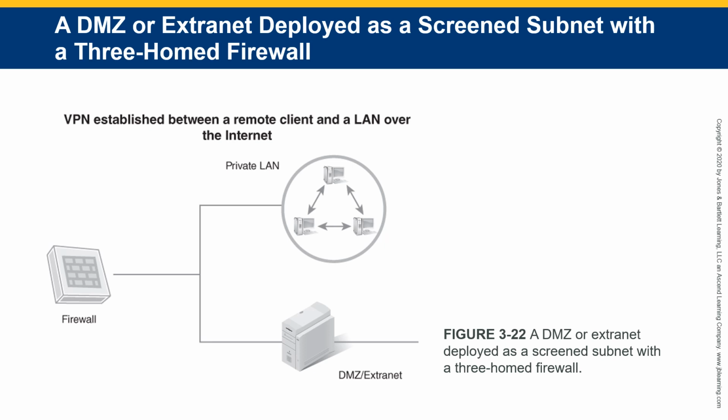This is kind of a hard explanation, but it should actually show 2 different connections here. One connection here, one connection here, and then one connection out to the internet. It's trying to show you how it connects across the 3-homed firewall.